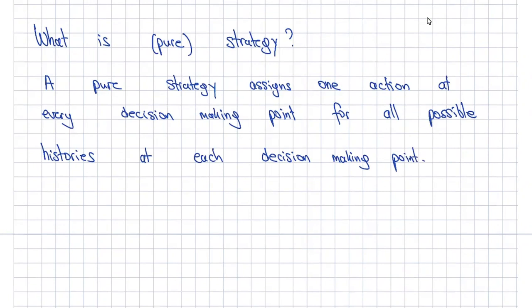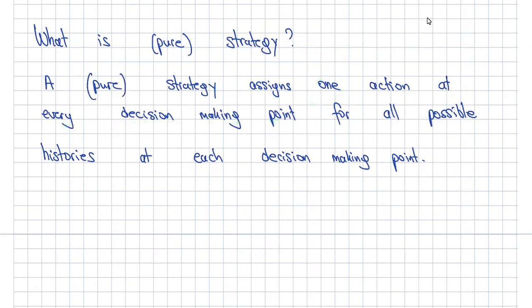Okay, so let's try and unpack that. Similar question: what are the terms that you don't understand there? First note that the concept of a strategy in game theory has nothing to do with your literal meaning of a strategy, doing something that's good for you. It purely assigns, so a pure strategy assigns one action at every decision-making point.